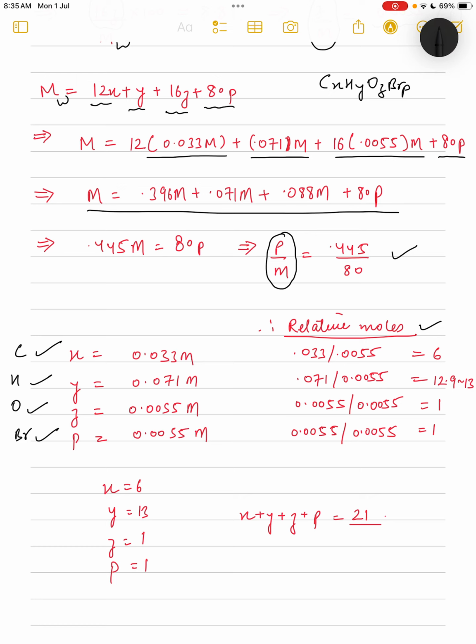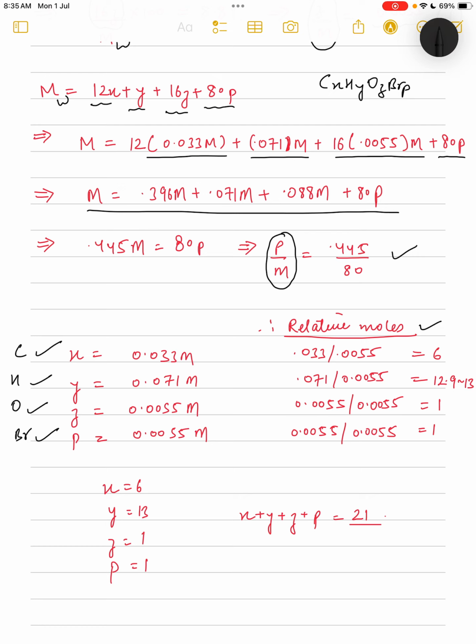So what do we do? We take the least value and we divide all the values with it. What is the least value here? The least value here is 0.0055. We will divide all the values with the least value and we will obtain the relative number of moles, right? These are the relative number of moles of each element, correct?